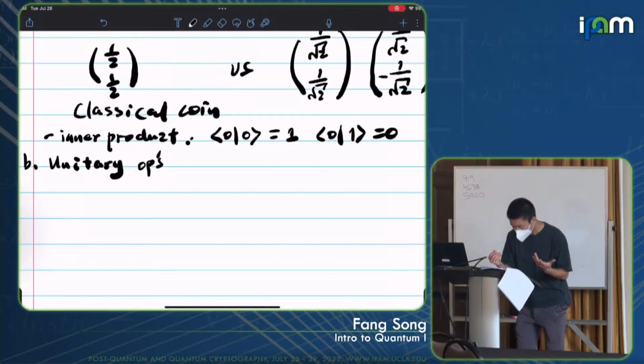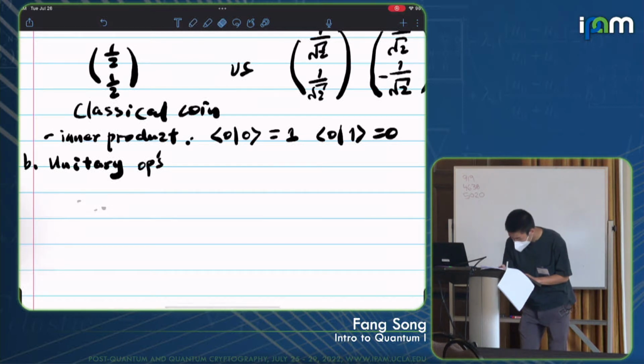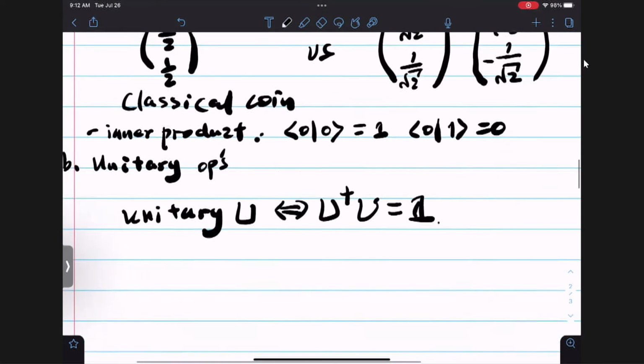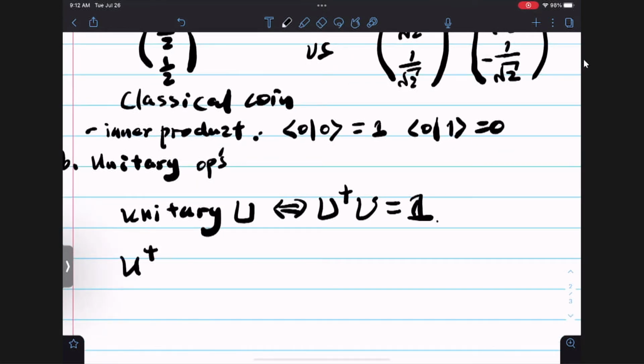So if you write down the matrix for a unitary operator, it's going to satisfy the condition that U dagger multiplied with U gives us identity. Here U dagger is the conjugate transpose of this matrix U. So you take the transpose and then take the complex conjugate.